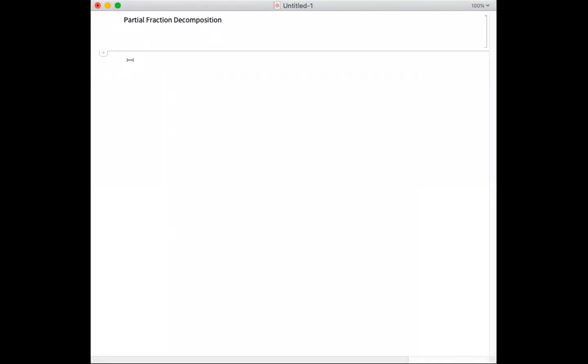So in Mathematica, for partial fraction decomposition, the command is going to be Apart. You could also go in and just type partial fraction decomposition and get info on it, but if you remember Apart, then that will do the trick. I'm going to use that fraction that we just had in the last problem that Gabe was doing.